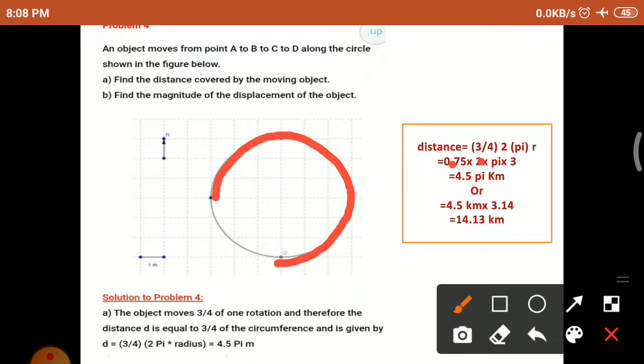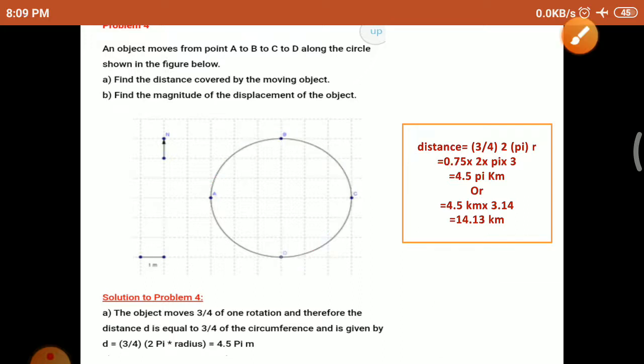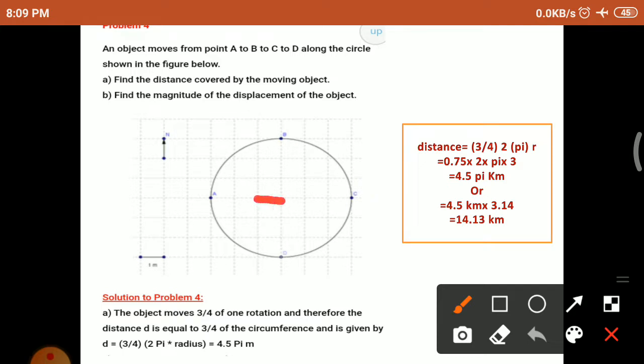So 2 pi. See here, the value of r: this is the origin and this is A. So 1, 2, 3. So r equals 3. 0.75 into 2 into 3 equals 4.5 kilometer. If you substitute the value of pi as 3.14, we can get 14.13 kilometer.